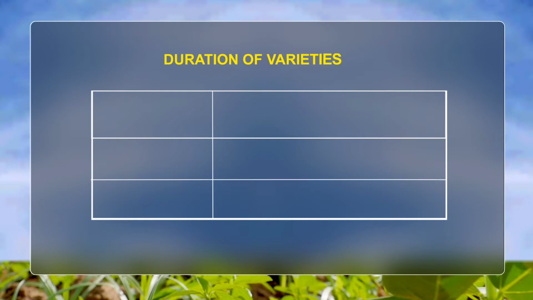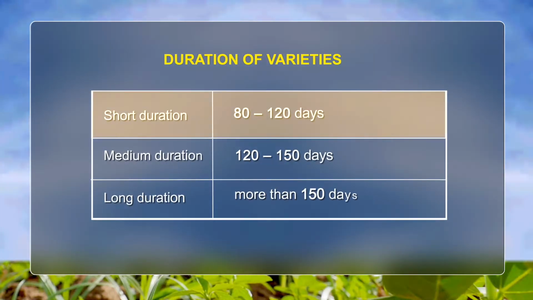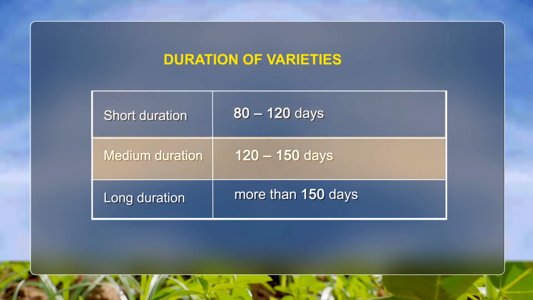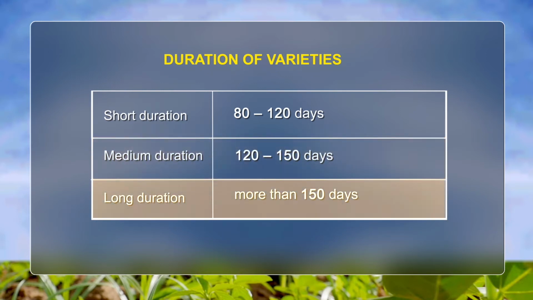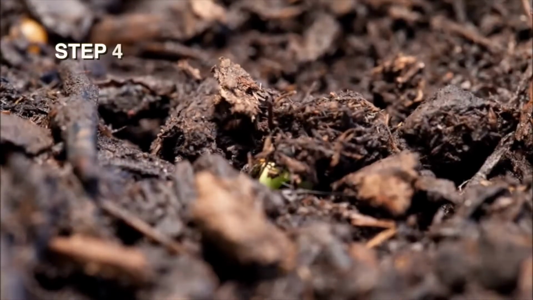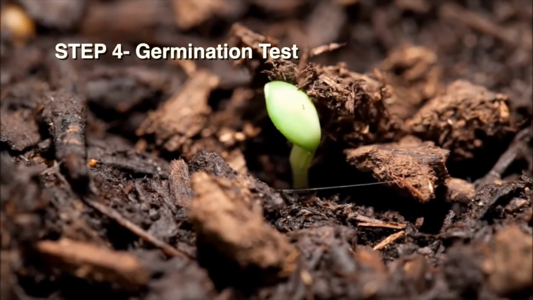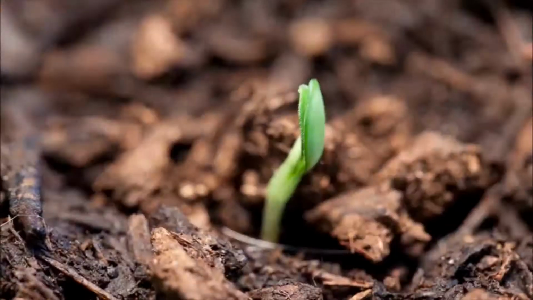Duration of varieties: short duration is 80 to 120 days, medium duration 120 to 150 days, long duration more than 150 days. Step 4. Conduct a germination test before planting.